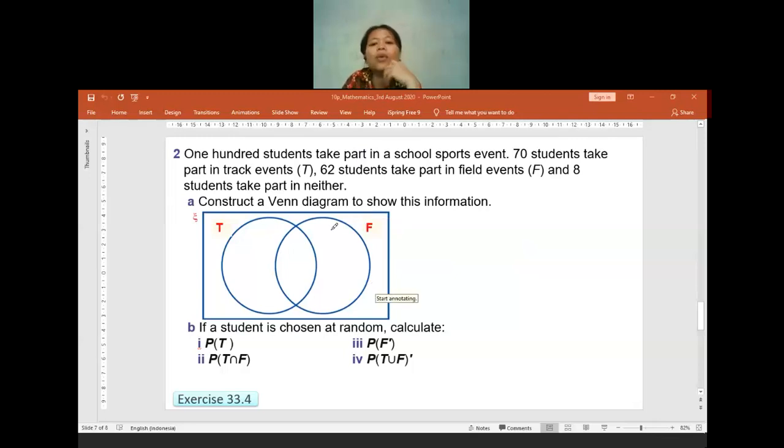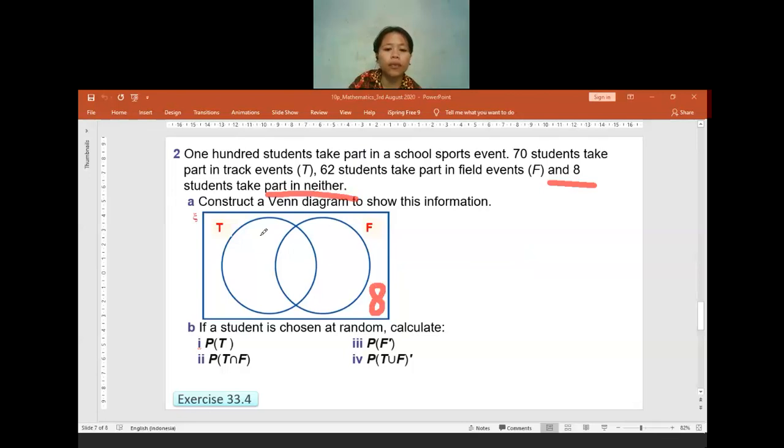Starting from the easier one, the 8 students who take neither. So where do I have to put the number 8? Anyone knows? Outside the circle. Yeah, outside the circle is number 8, because neither means the 8 students will not take any part.